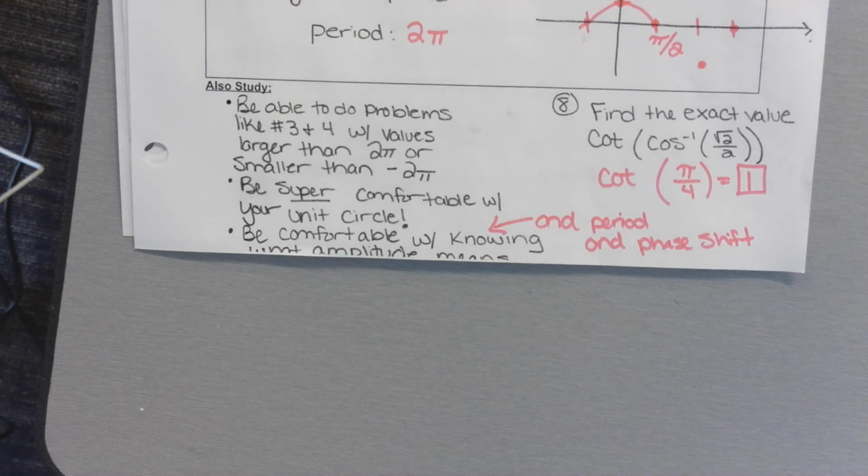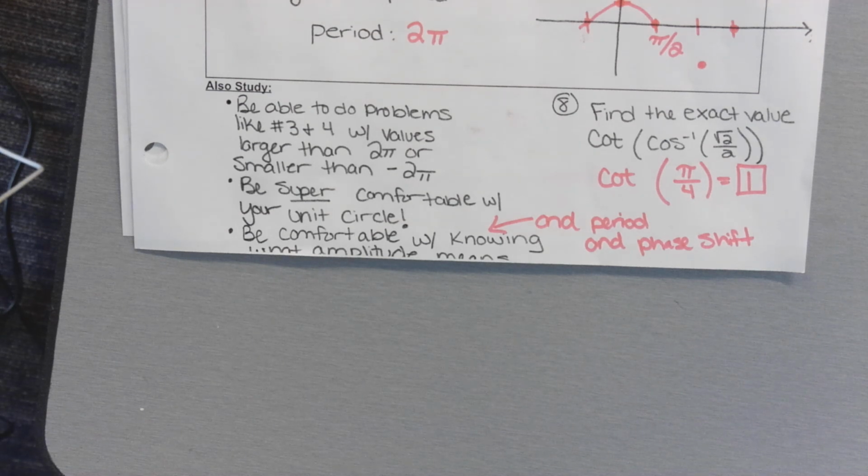If you're looking at the graph, it's half the distance between the min and the max is another way to find it. The period is 2 pi over k, so 2 pi over 4. So this would be pi over 2 for my period. So if pi over 2 is my period, then what would my frequency be? Remember how to find that? How do I find the frequency if I know the period?